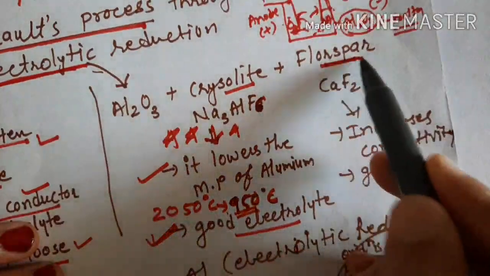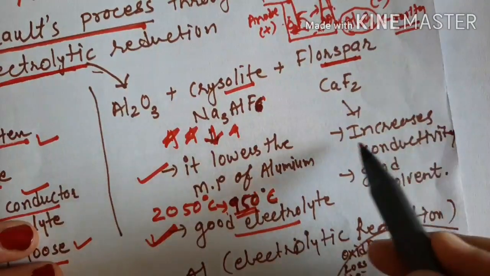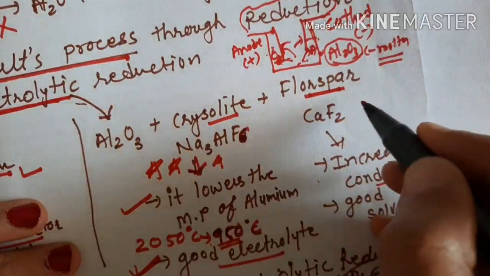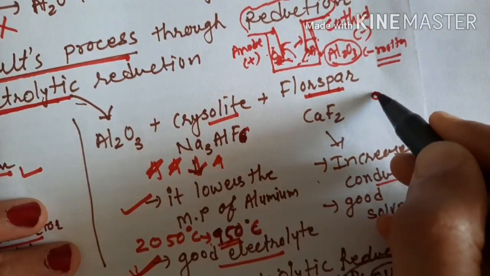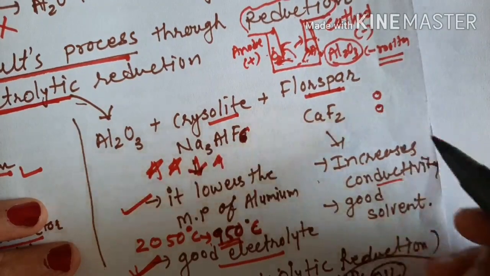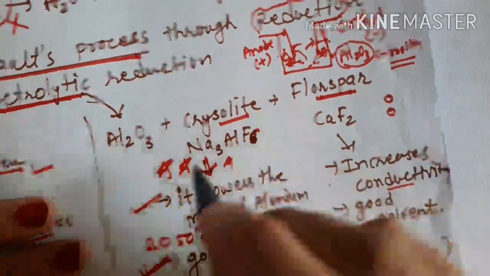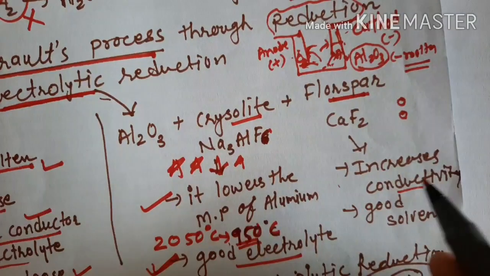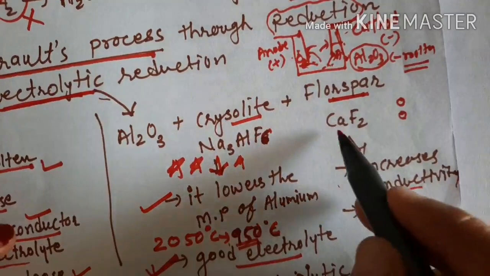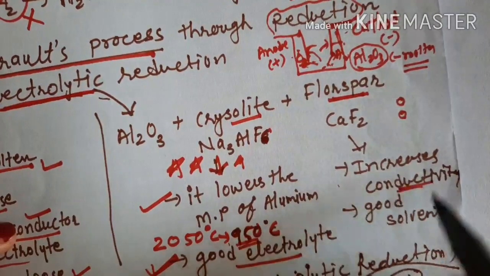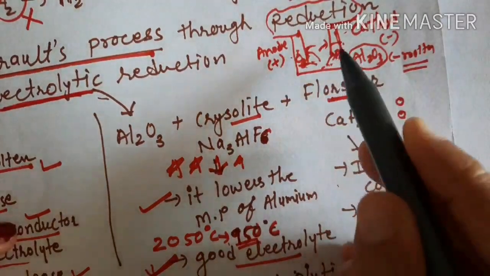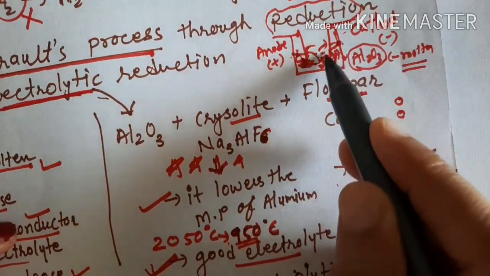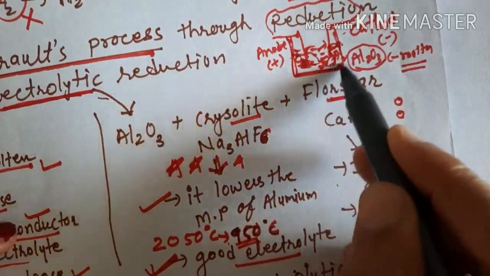And what does fluorspar CaF2 do? It increases the conductivity. Why? As we know, calcium is a small ion and fluorine is also small compared to others, so they can move very fast. We know that conductivity is the current passing through the electrolyte, through the solution of this cell.